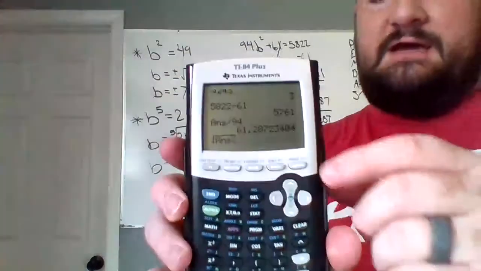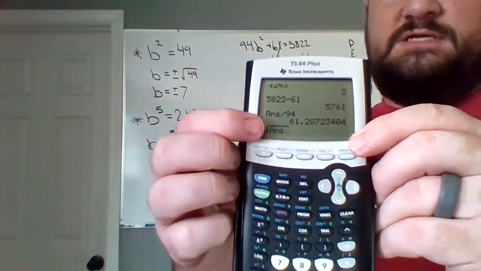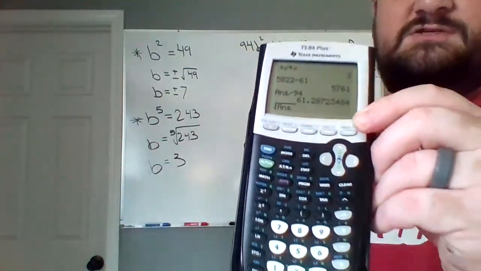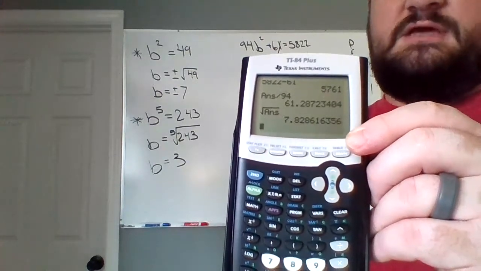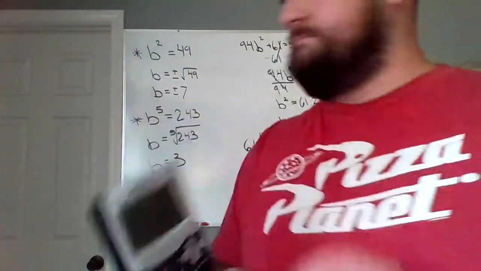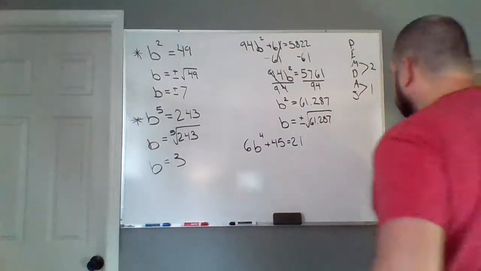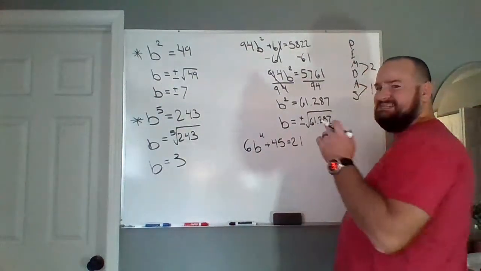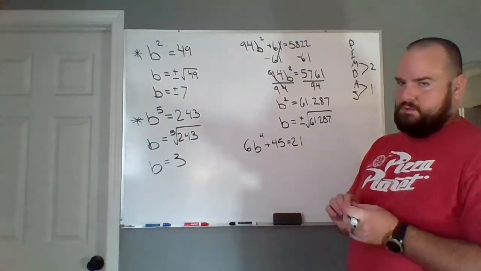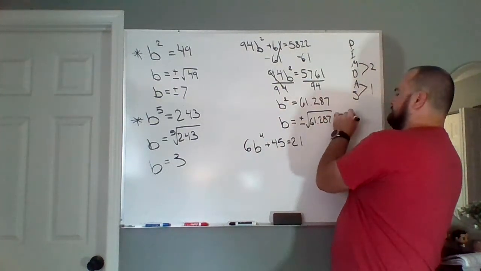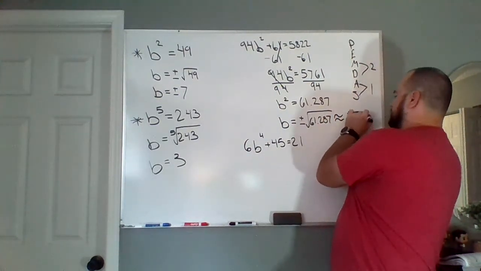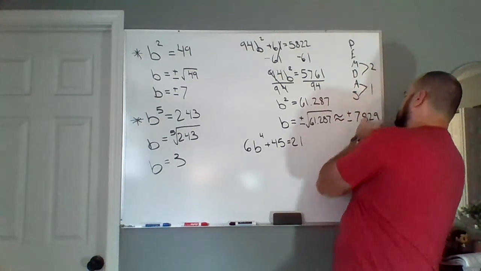So now my calculator is saying, okay, you want to take the square root of that last answer you just got. So we hit enter and we get 7.829. Now, is it exactly 7.829? No. But it is approximately. So plus or minus 7.829.